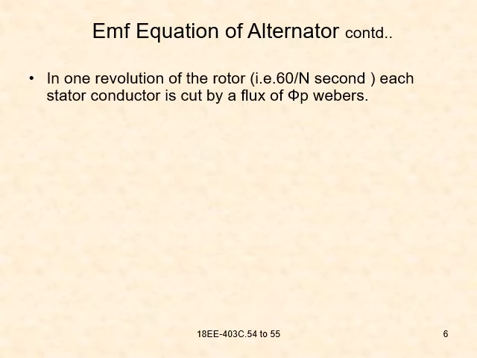In one revolution of the rotor, therefore 60 by N seconds, each stator conductor is cut by a flux of phi P Webers, where dφ is equal to φP and dt is equal to 60 by N seconds.